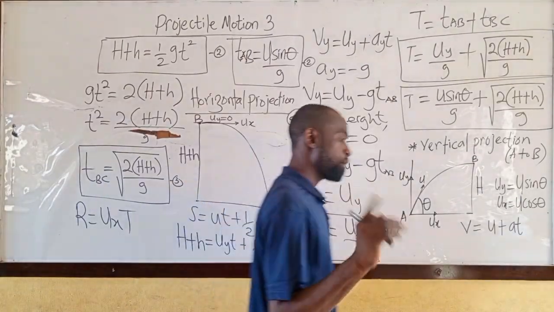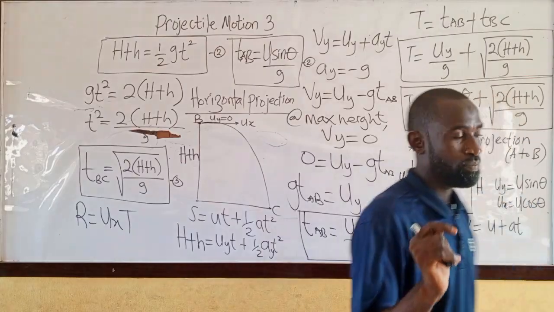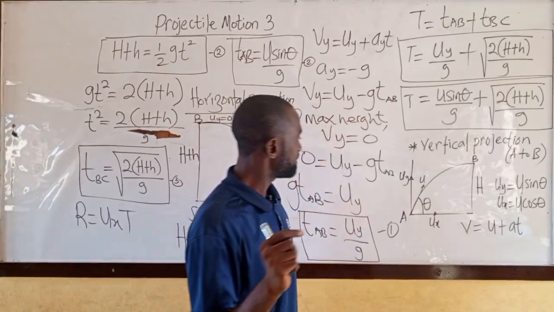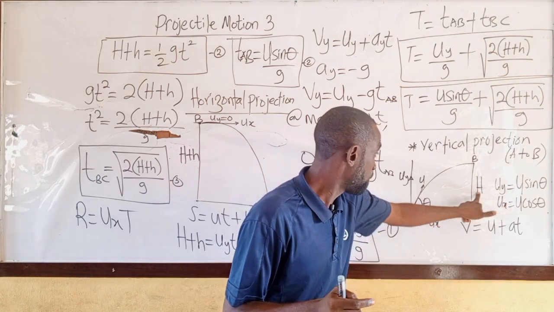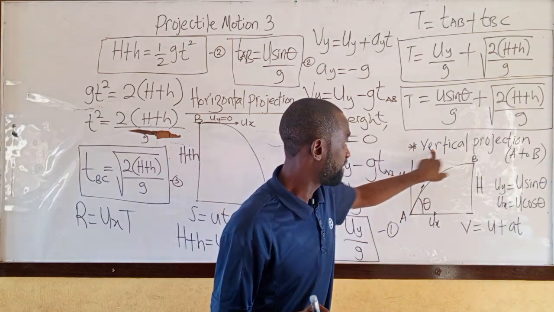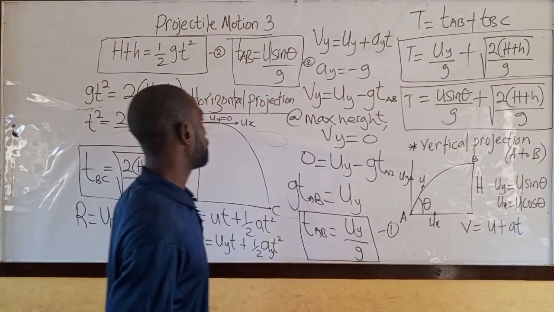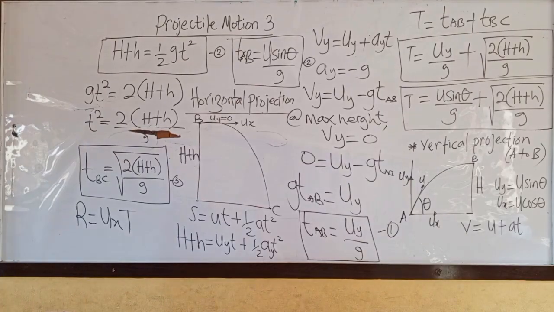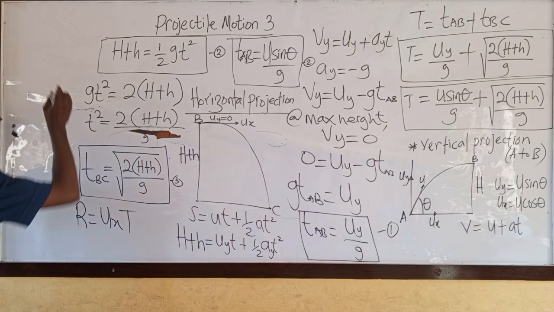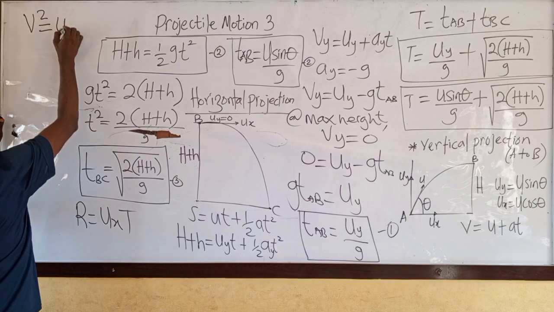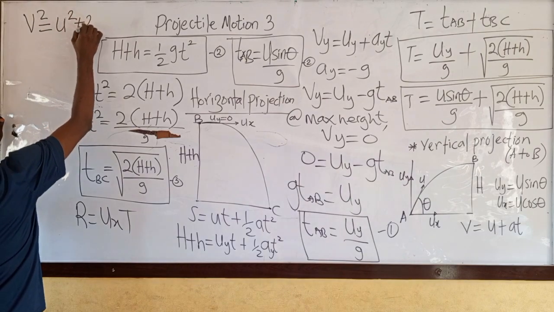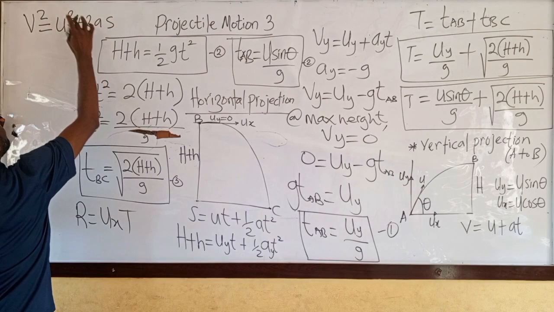But before we solve questions, let us try and get the maximum height here. This big H is the maximum height reached by the body during vertical projection. We recall that from our V squared equals U squared plus 2AX.